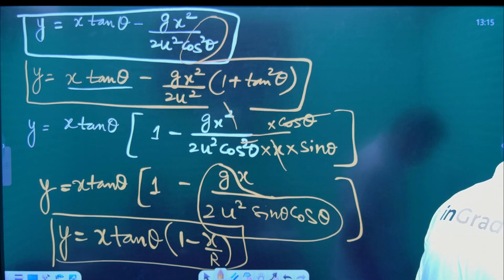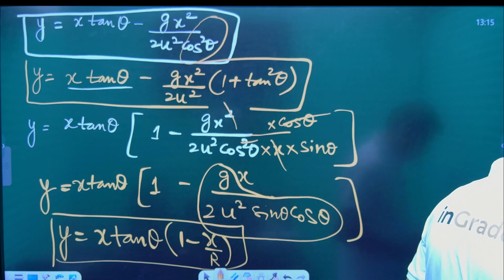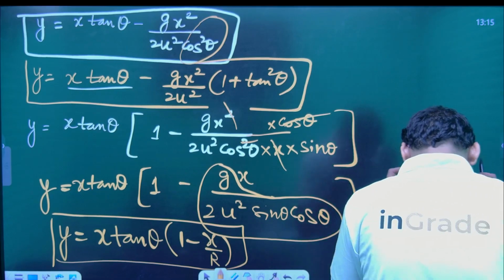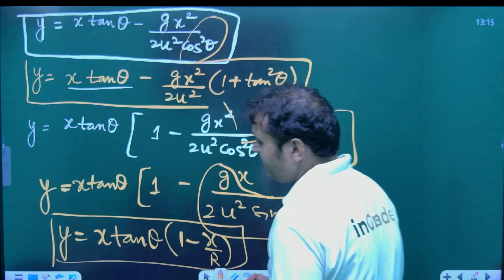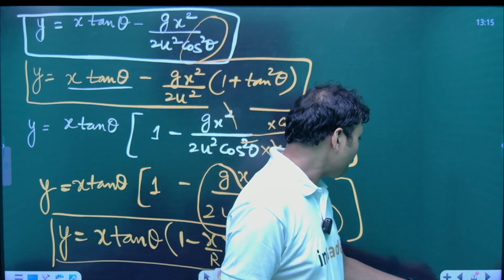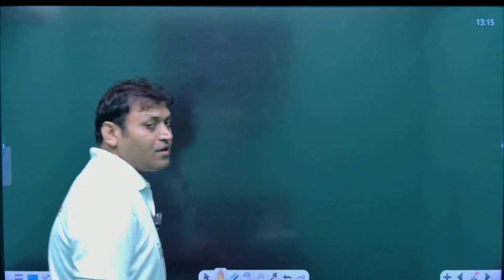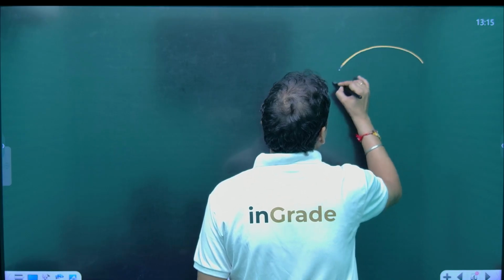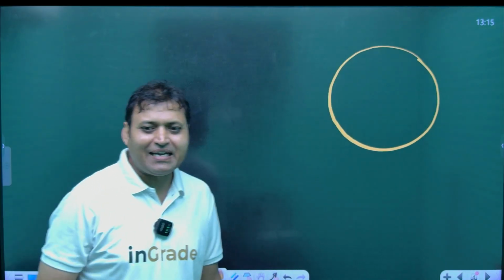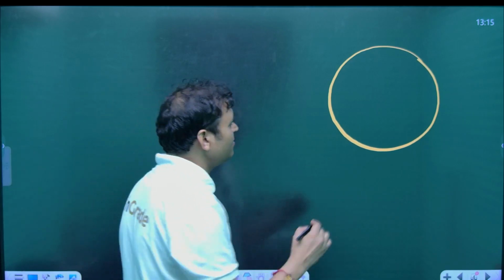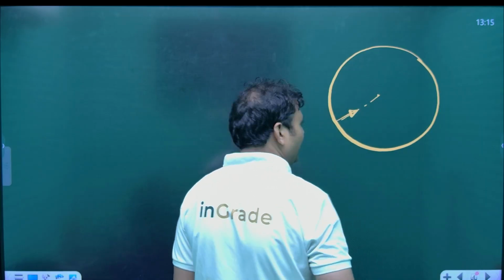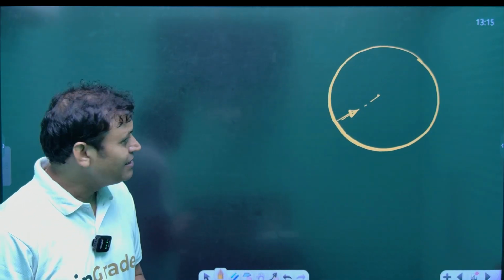Let us discuss some questions related to this. And one more important thing, let me discuss first. You must have seen that for a circular motion, for the particle to have a circular motion, there has to be a component of acceleration along the center of the circle.